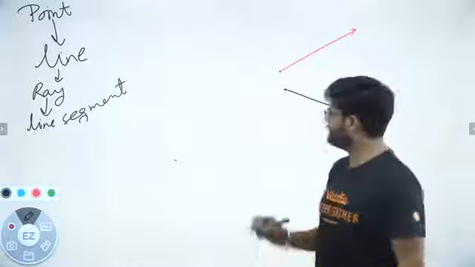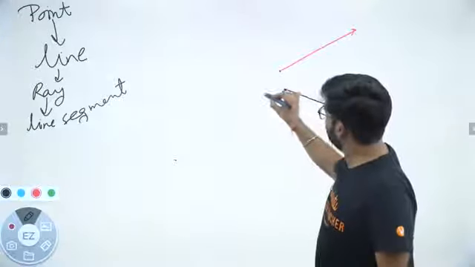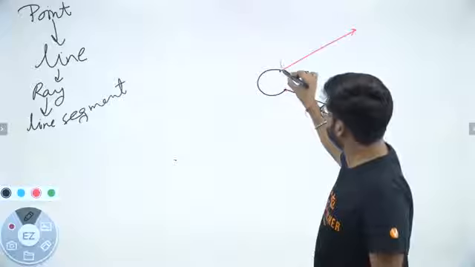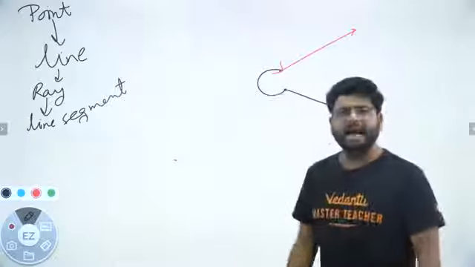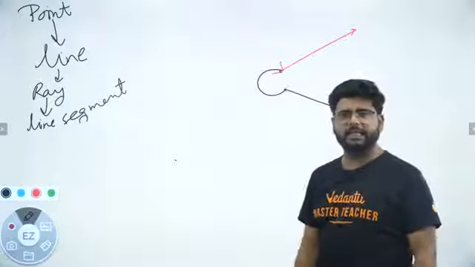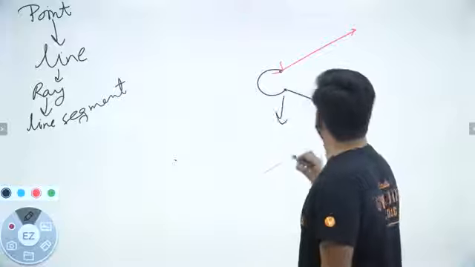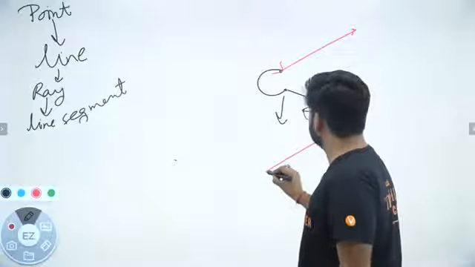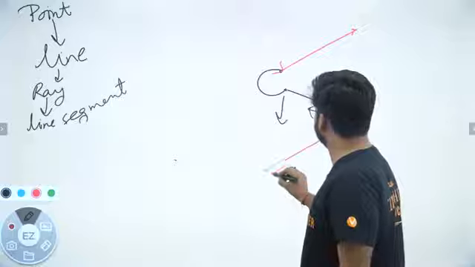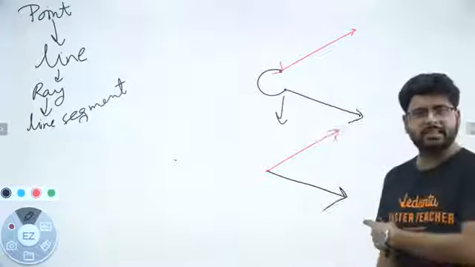Now, if I just take this point, slowly move it here, and keep this point over the above point, let's see how it would look. It would definitely look something like this, right? These are two rays.